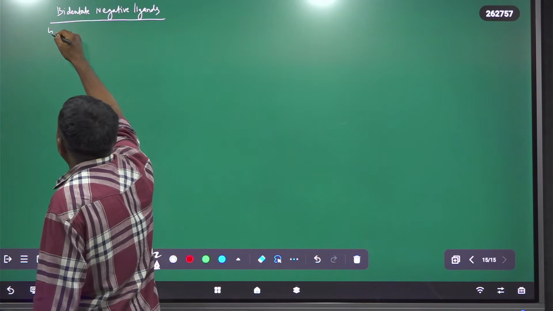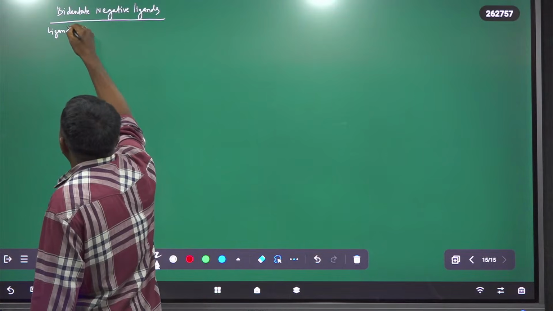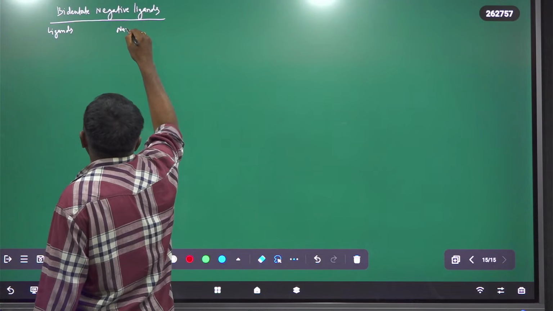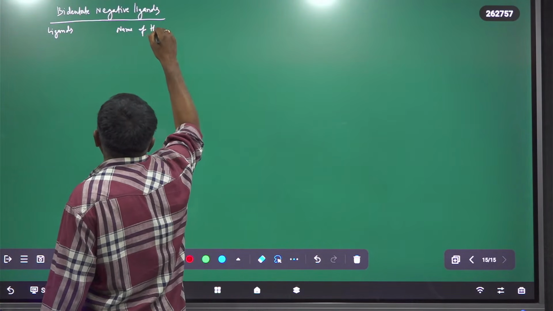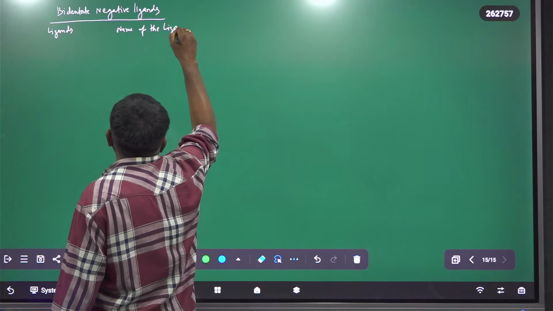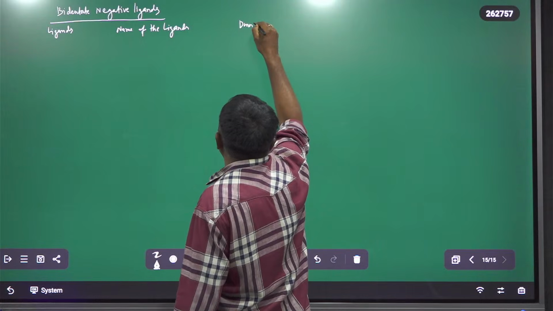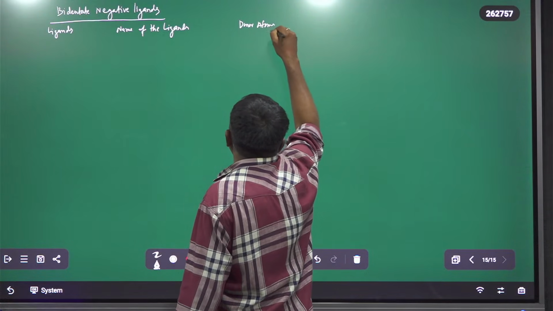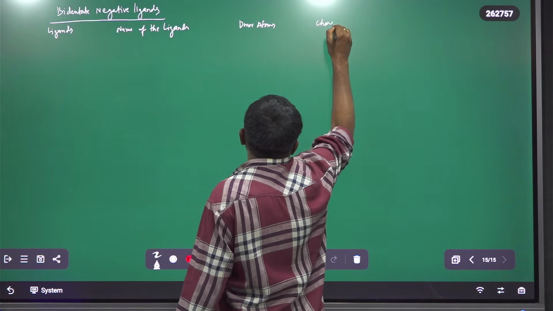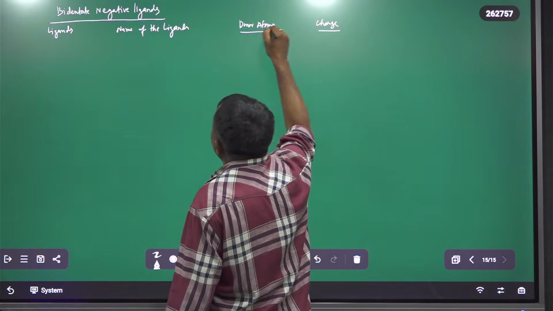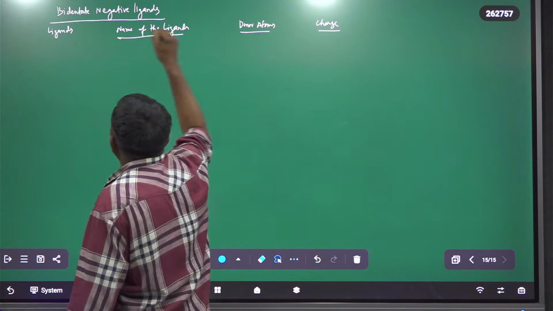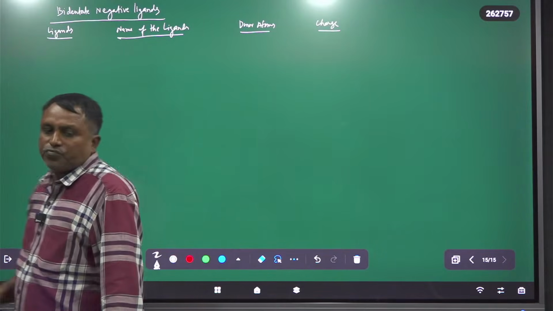So first the name of the ligand, then the donor atoms, and the charge. All these have negative charge.